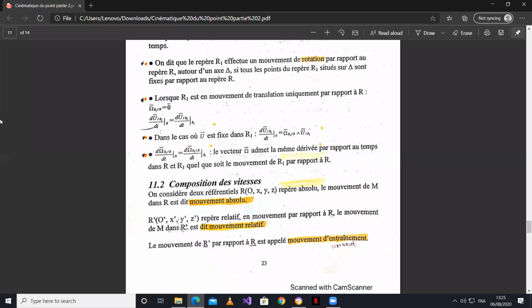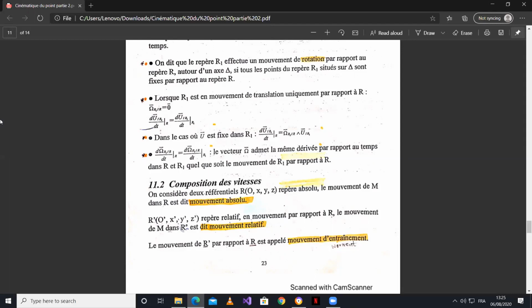So if we have two referentials, one moving with respect to another, when we study the movement of that référentiel with respect to that other référentiel, we call that le mouvement d'entraînement. So from now on, whenever you see d'entraînement, just know it's telling you how one référentiel is moving with respect to another, okay?